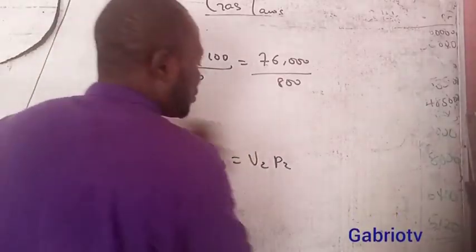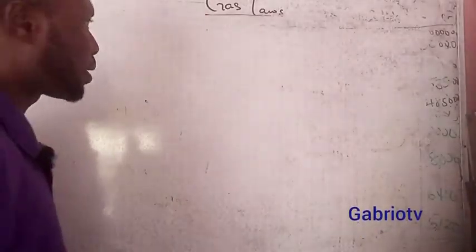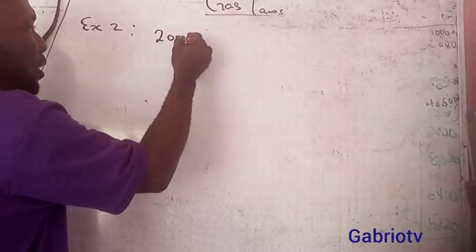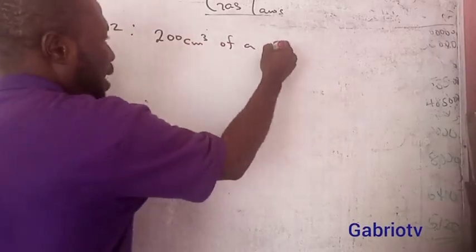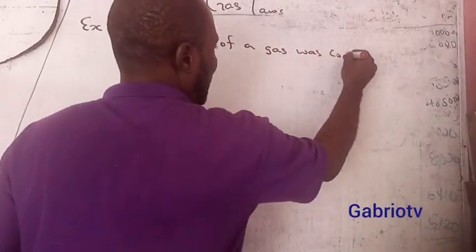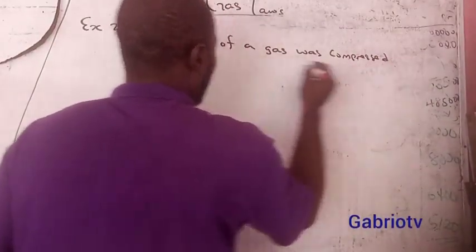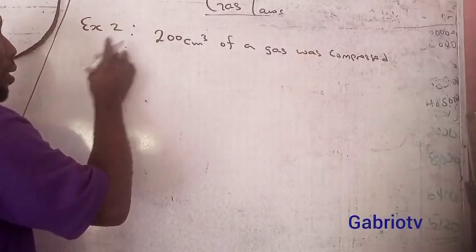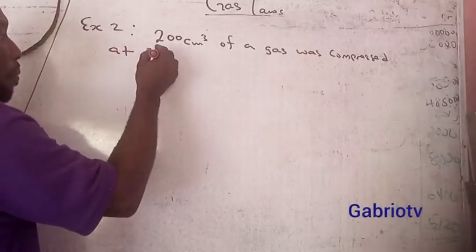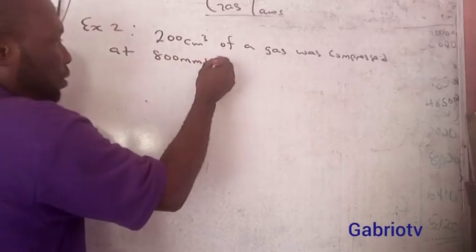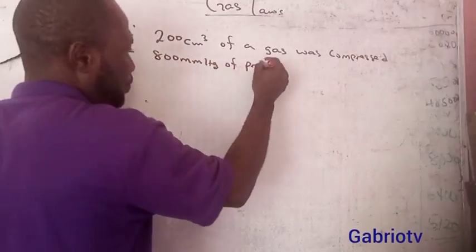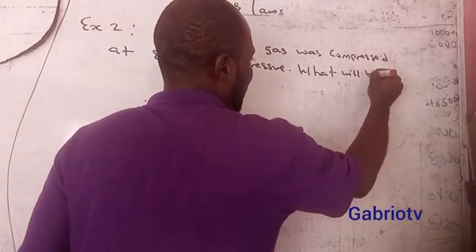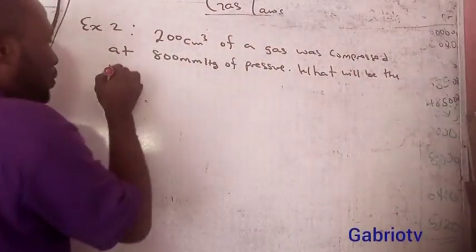So let me quickly give another example and you see. Example 2. We have 200 cm3 of a gas compressed at 800 mmHg of pressure.